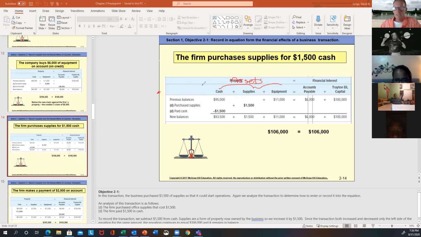So you're increasing supplies by 1,500. And how did you pay for them? In this case, you paid for them with cash. Notice you decreased the cash by 1,500. So you bought supplies and you decreased cash. And of course, notice you're still balanced. The total assets didn't change, and your total liabilities and equity did not change either.